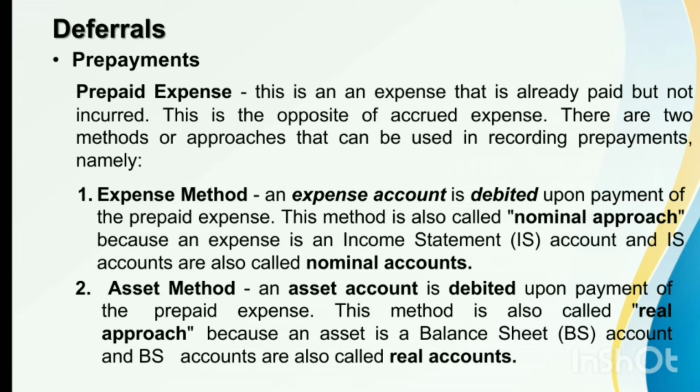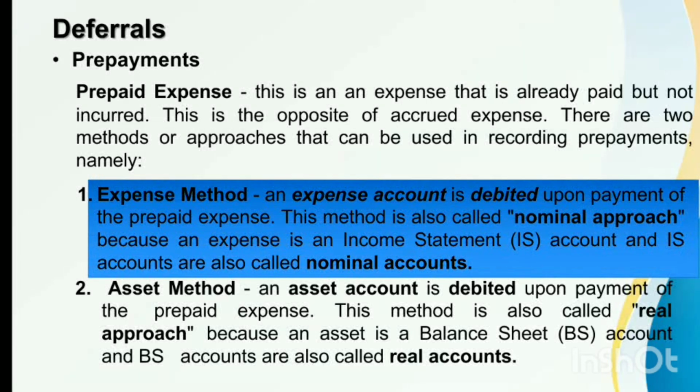And there are two methods or approaches that can be used in recording prepayments, and these are the expense method and the asset method. Under the expense method, an expense account is debited upon payment of the prepaid expense. This method is also called nominal approach because an expense is an income statement account, and income statement accounts are also called nominal accounts.